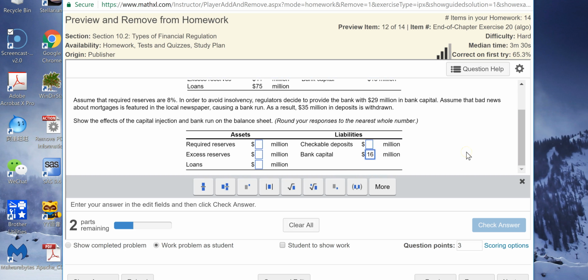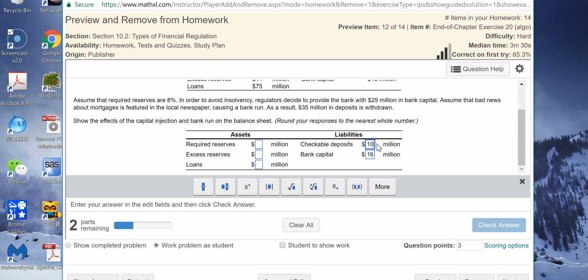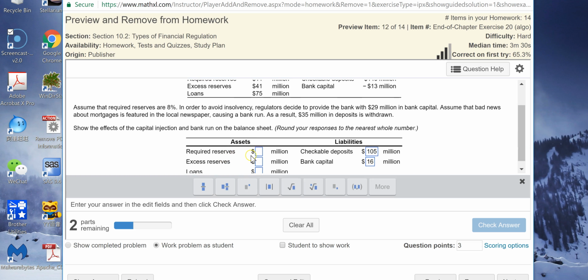And checkable deposits, as we just explained, the initial checkable deposits is $140 million, and 35 million of that will be withdrawn. So the new checkable deposits will be 140 minus 35. So that can give me 105.